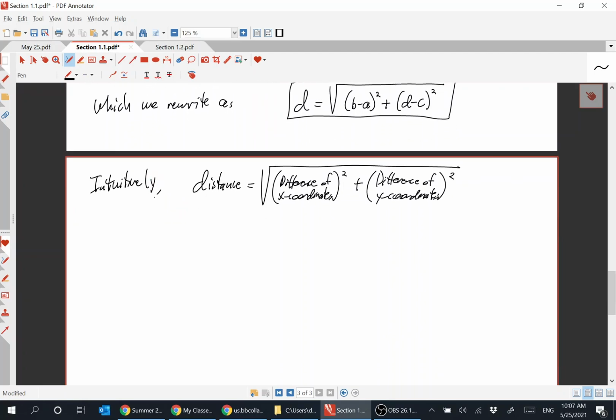So, for example, here's a few points in the plane. Let's say 1, 2, and 1, 2, 3, 1, 2, 3, 4, 5.